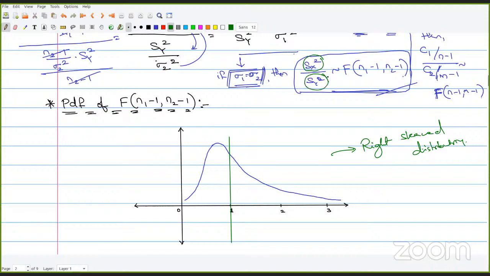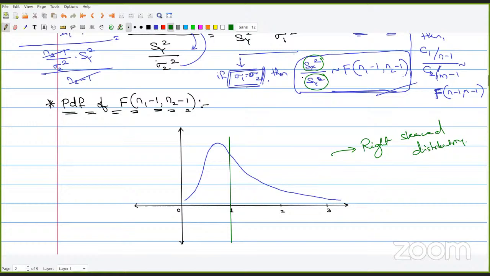We are dividing two random variables, and we say it follows F with n1 minus 1, n2 minus 1. When we divide these two, most of the time the values will be around 1.